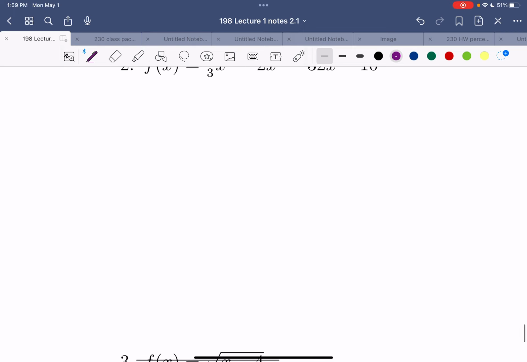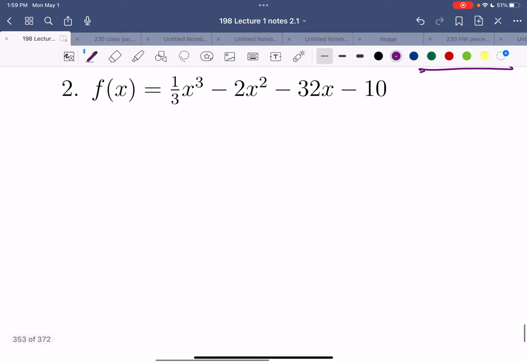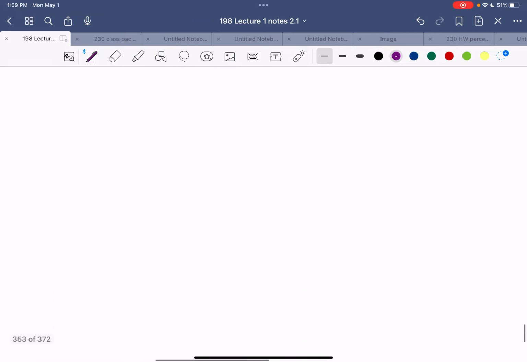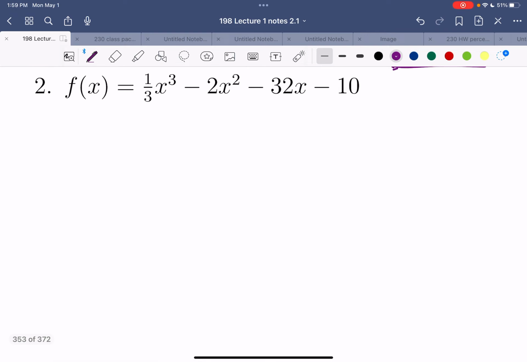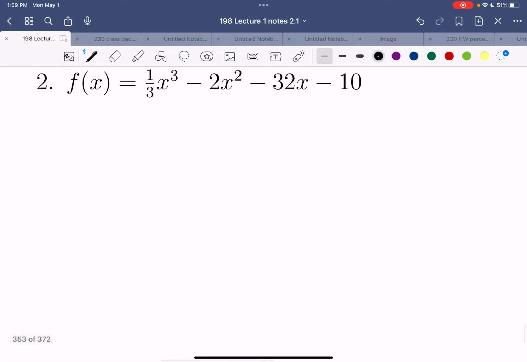All right, number 2, I'll do this one using the first derivative test just for some variety. Regardless of what I'm doing, I'm going to find my critical points first, so I always need the derivative first. If you're not sure how to start, you should always take a derivative.